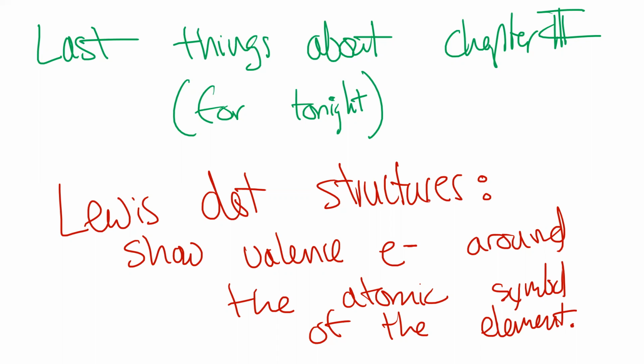Okay. If you're talking about the same element, you can change the mass of the atom by adding or removing neutrons, and that does not affect the number of protons. The number of neutrons will affect the mass of the atom, but not change what element you are talking about. That's when we talk about hydrogen with a mass of 1, hydrogen with a mass of 2, carbon with a mass of 12, carbon with a mass of 14, nitrogen with a mass of 15, nitrogen with a mass of 14, on and on and on.